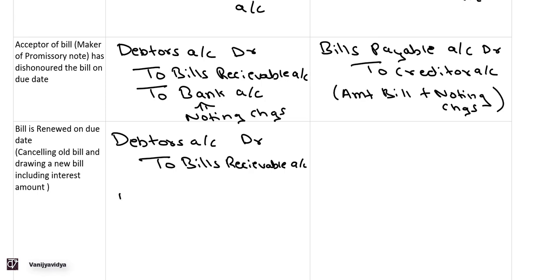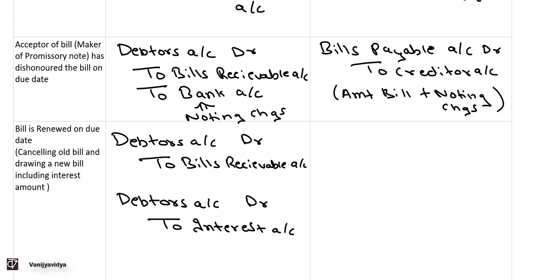So again, debtors account debit to interest account. Now this interest is an income for the drawer, since he is getting an extra amount, and it is payable by this debtor for cancelling the bill and drawing the new bill. So this is the entry for the interest.